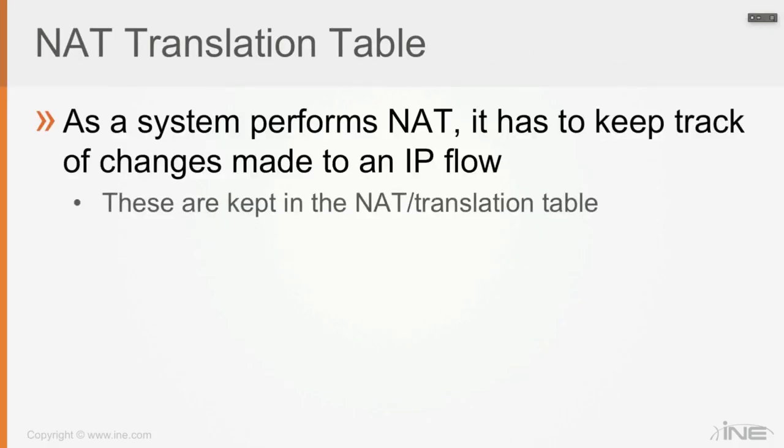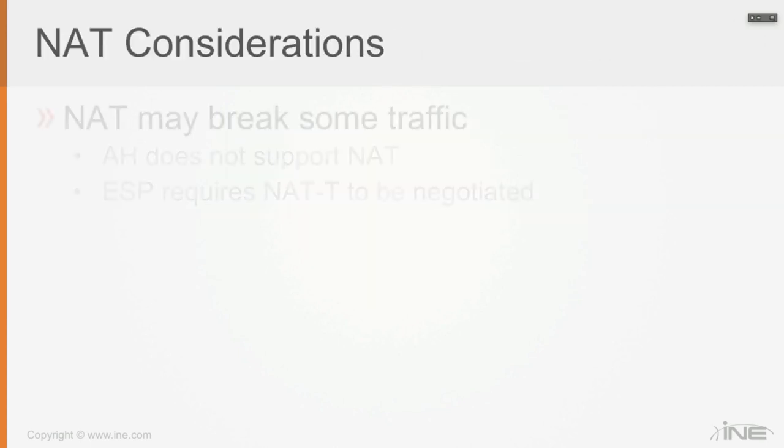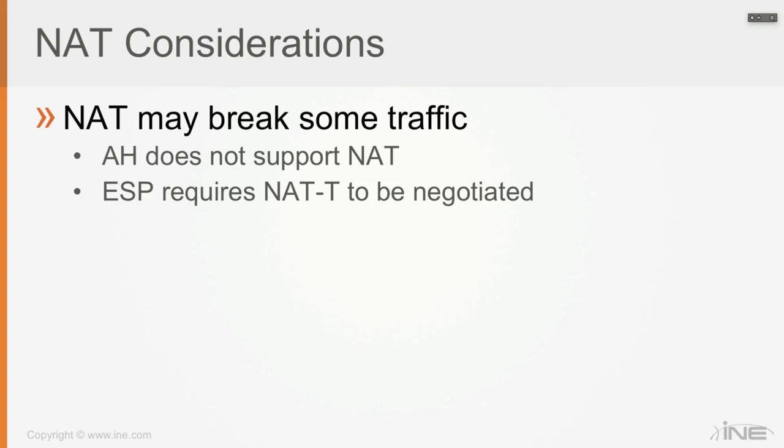Now, as a system performs NAT, it has to keep track of the changes it made to an IP flow, which means those changes are going to be kept in the NAT or translation table. Now, a couple of NAT considerations. As a device NATs an IP traffic flow, it may break that traffic's functionality. For example, AH, which is an IPsec encapsulation, does not support NAT for a simple reason.